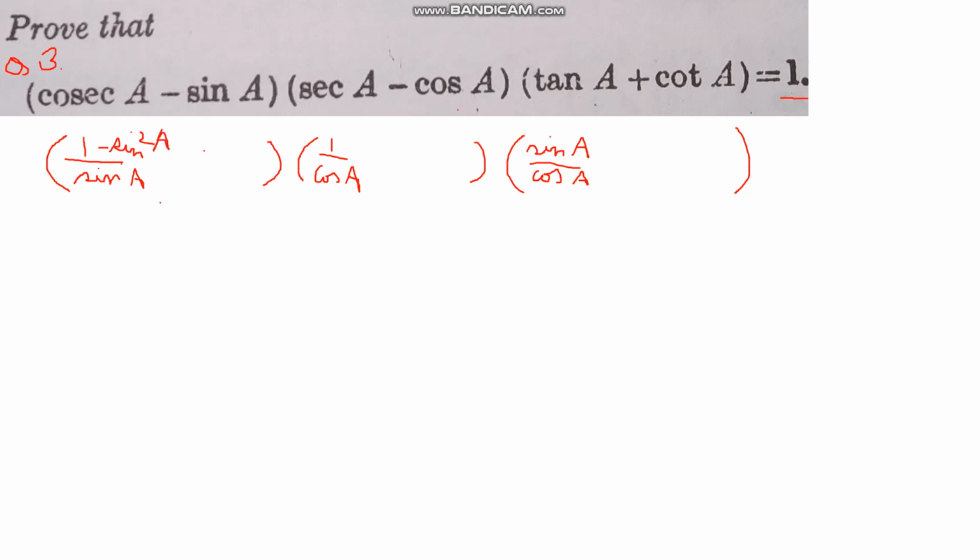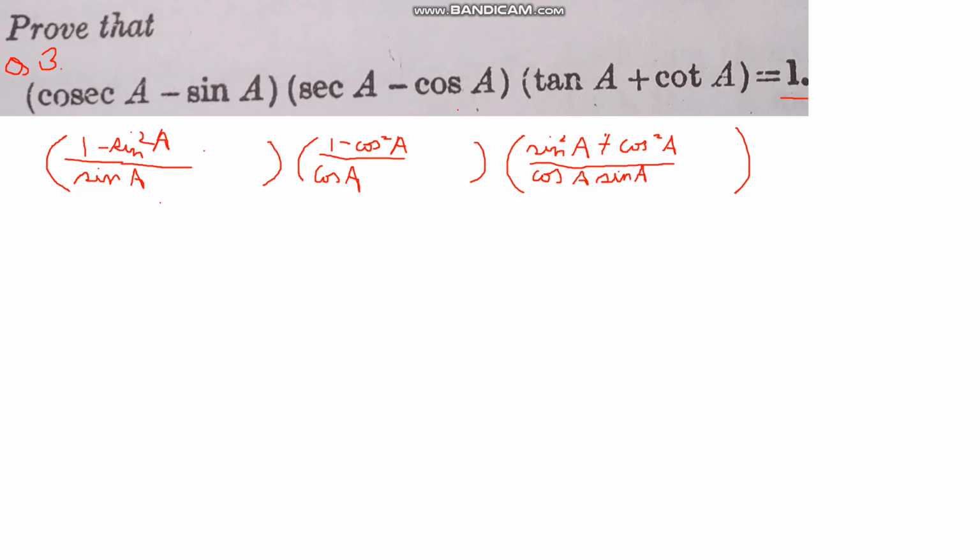You can rewind the video and see what I had written if you forgot. So I am writing 1 minus cos square A, right? And this will be sin square A plus cos square A because there was a plus there, right? So plus cos square A. And here it was divided by sin A. Taking LCM, we would have got sin A cos A there.